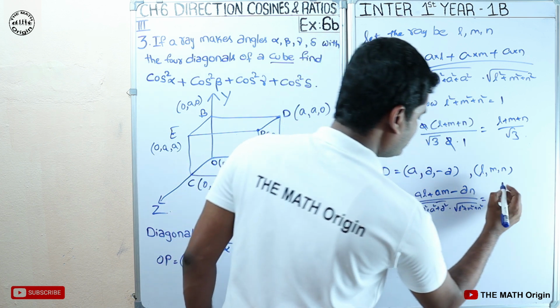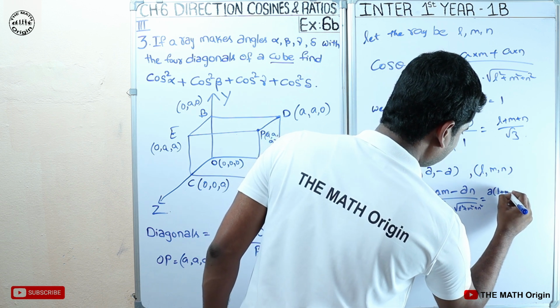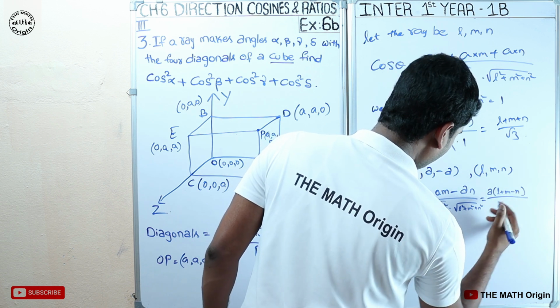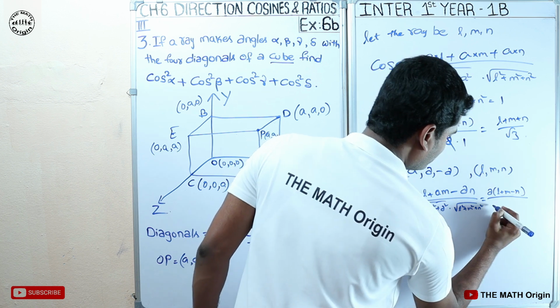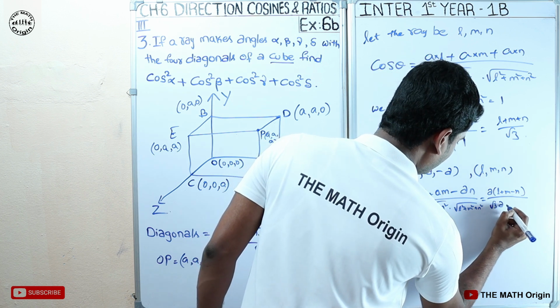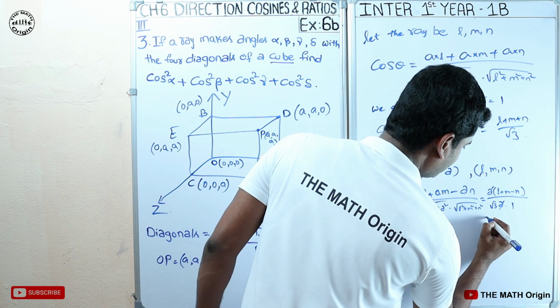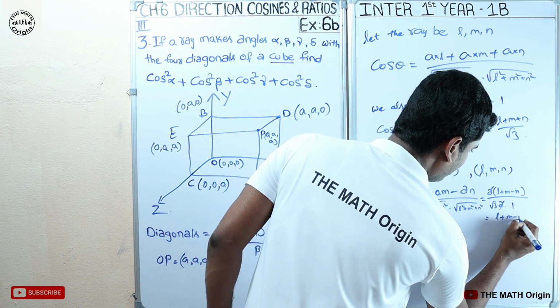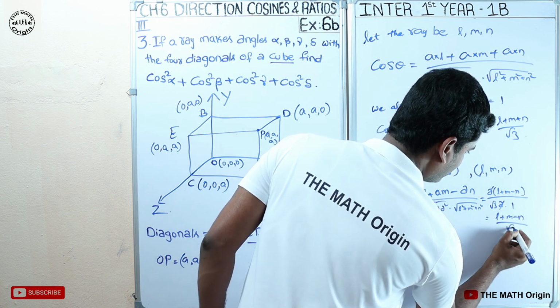Taking a common, it is l plus m minus n by root 3 a, the other factor is 1, and a cancels. Therefore that is equal to l plus m minus n by root 3.